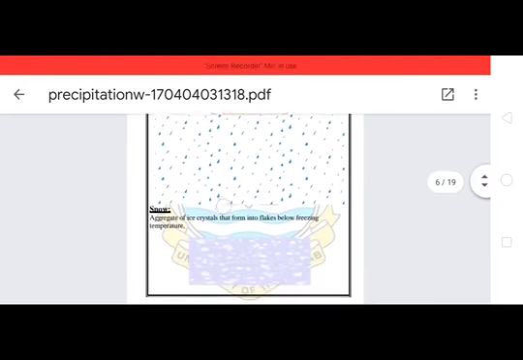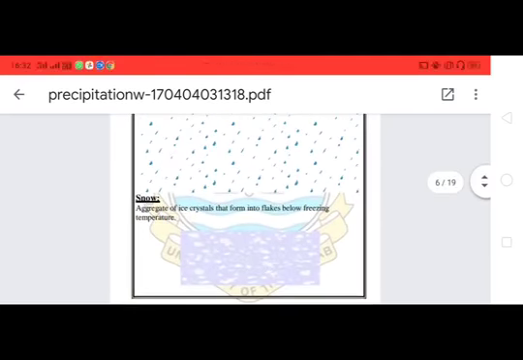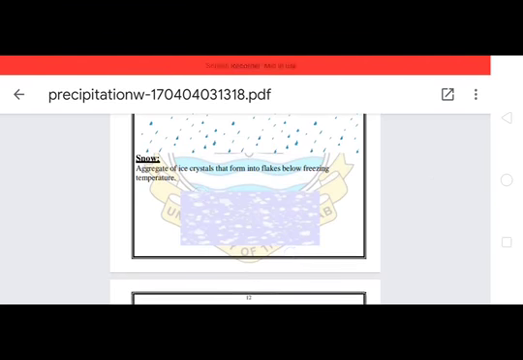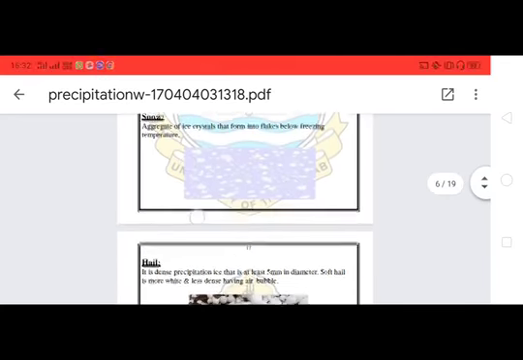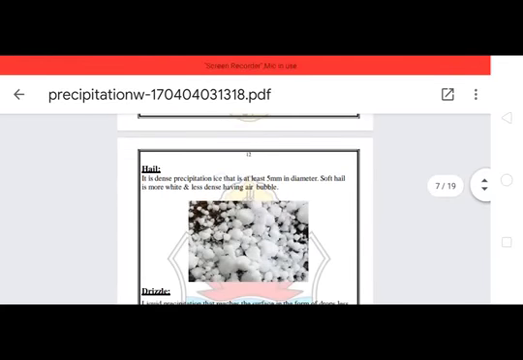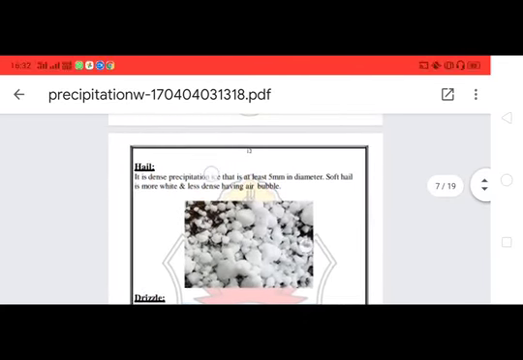Then what is snow? Aggregates of ice crystals that form flakes below freezing temperature. As you can see, these are thicker as compared to raindrops. And then what is hail? It is also a type of precipitation.